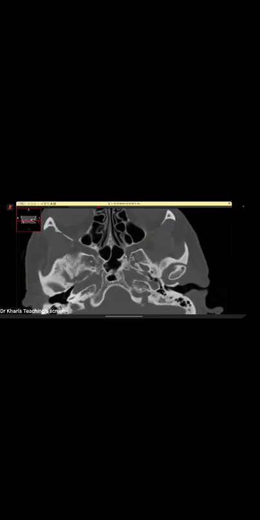One of the connections, if you see here, is the foramen rotundum. And another connection, slightly more inferiorly, is the Vidian canal. And they will show you cases on coronal and axial, where you will see expansion of the Vidian canal.